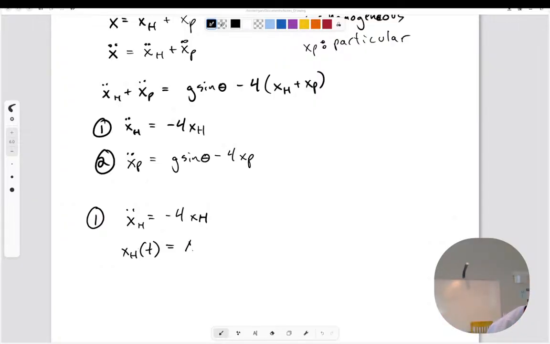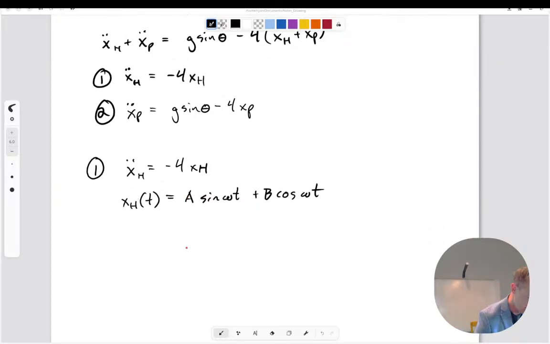So it's got to be something sine omega t plus something cosine omega t. It could be one or the other, or a combination of both. So throw them both in there and we'll figure it out later.